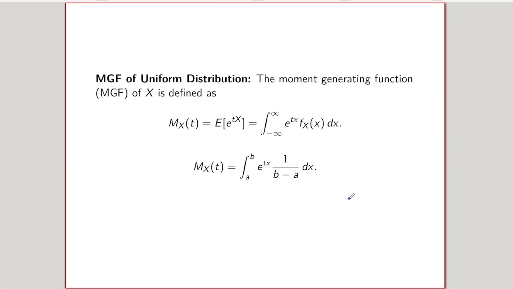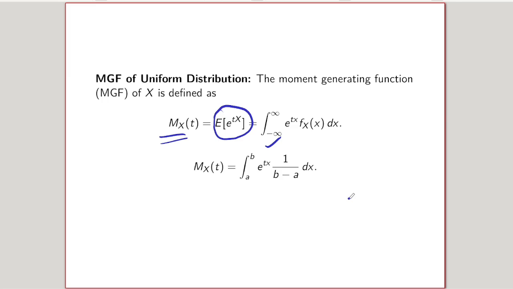So now let us find the MGF of uniform distribution. It is the same, M x of t is the expected value of e power tx. We are going to use the integral from minus infinity to infinity of e power tx f of x dx. So we are going to restrict the limit from a to b. f of x value is 1 by b minus a.